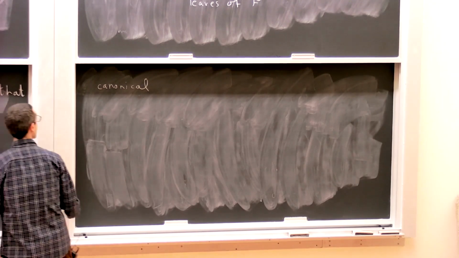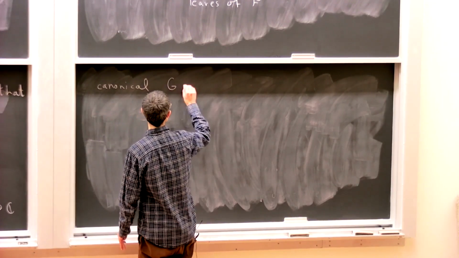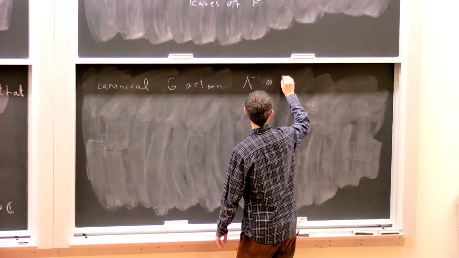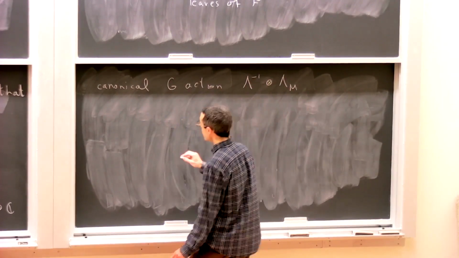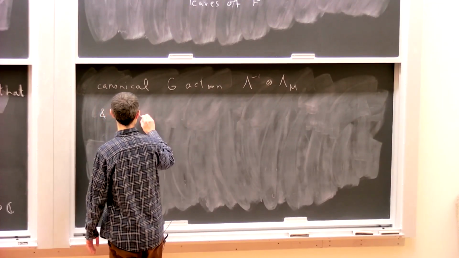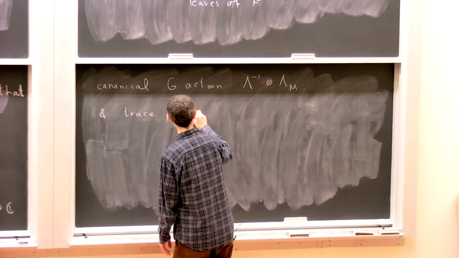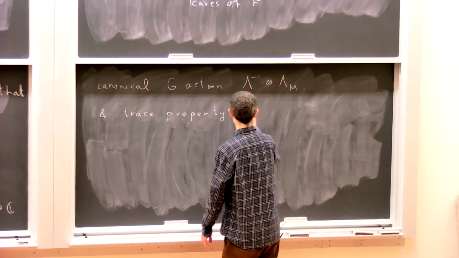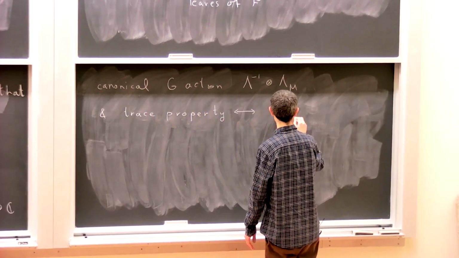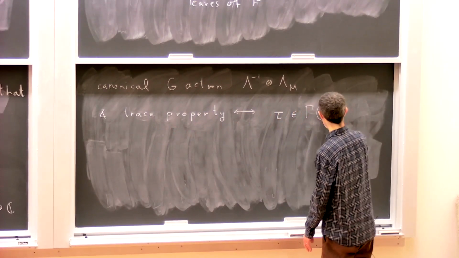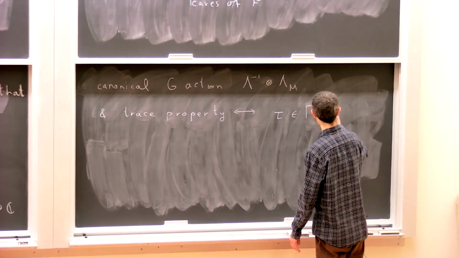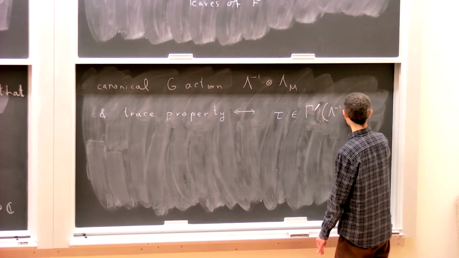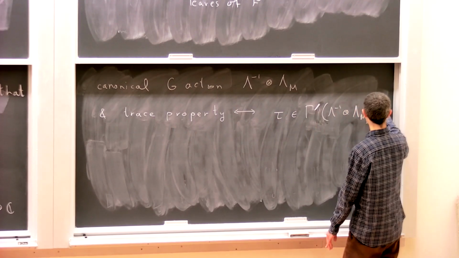So there's a canonical G action on this line bundle, and the trace property is equivalent to this section being invariant. So it should be, maybe I'll put a prime here for a generalized section, lambda inverse tensor lambda m should be G invariant.